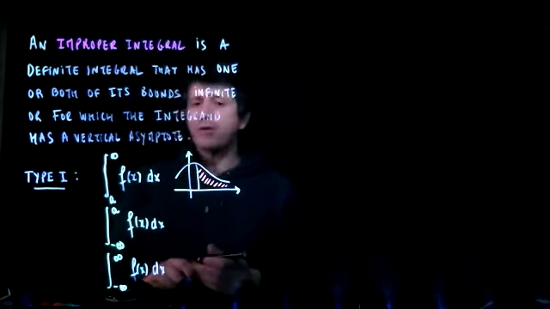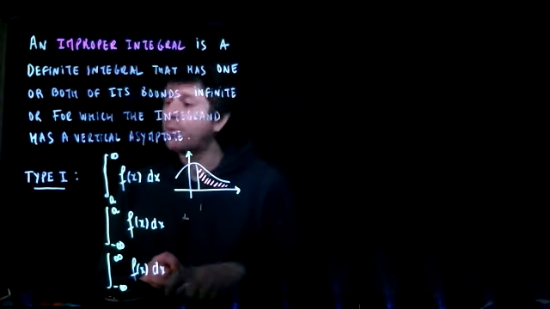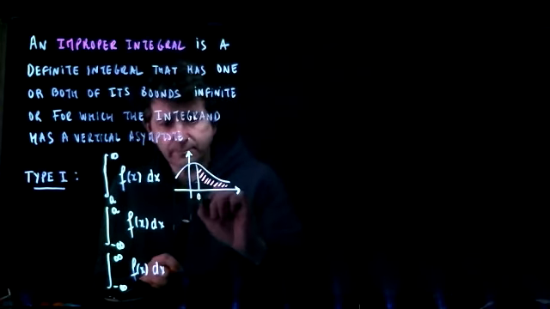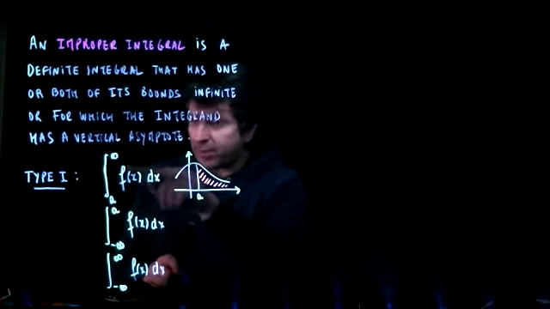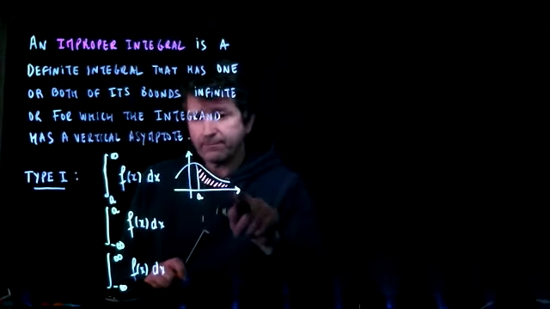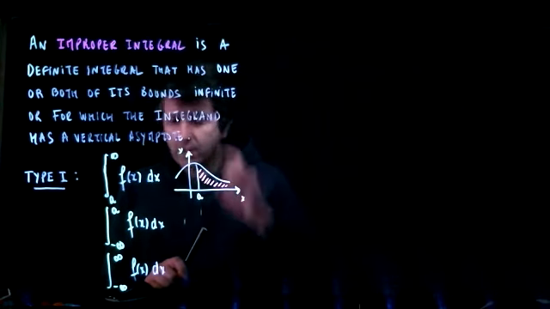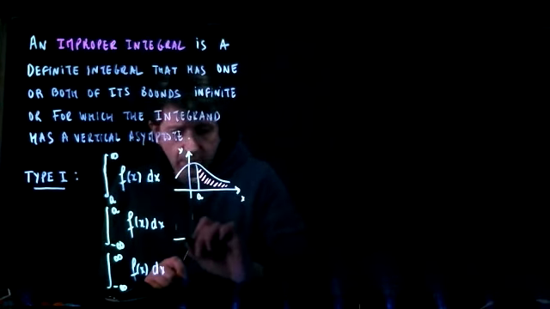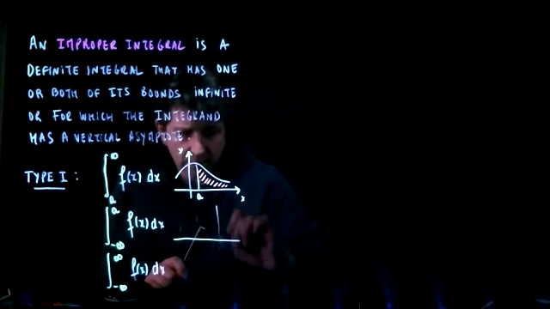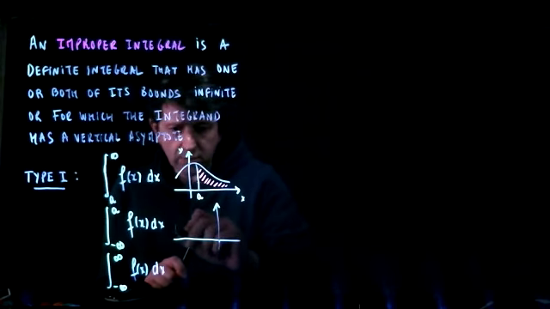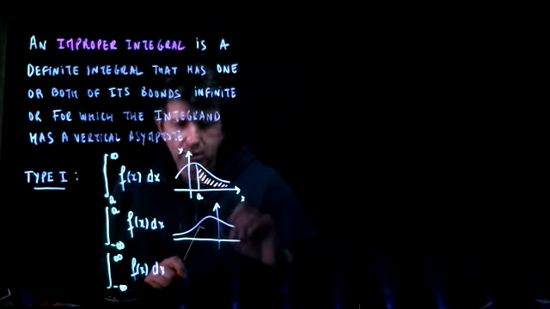So as you see, the area is now open. It's an open area. Okay, because the upper bound of my integral is infinity. Second case would be, of course, the other side.